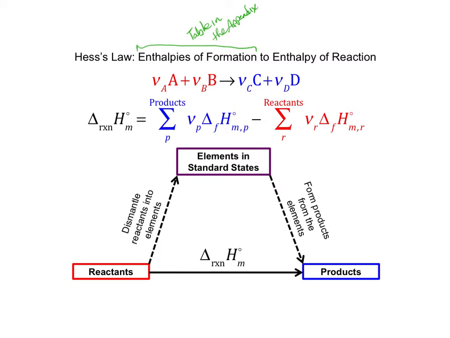So if we have the generic reaction where some number of moles of A reacts with some number of moles of B to form some number of moles of C and some number of moles of D, we've covered how the delta H of reaction is going to be the products minus the reactants. And what we can do is we can use the delta H of formation for the products and the reactants in order to calculate our delta H of reaction.